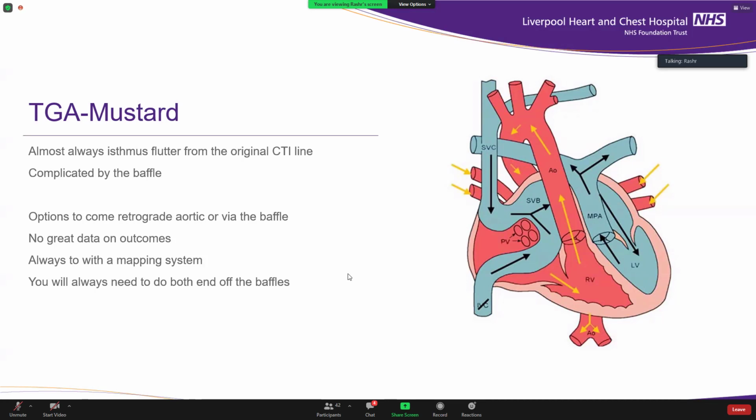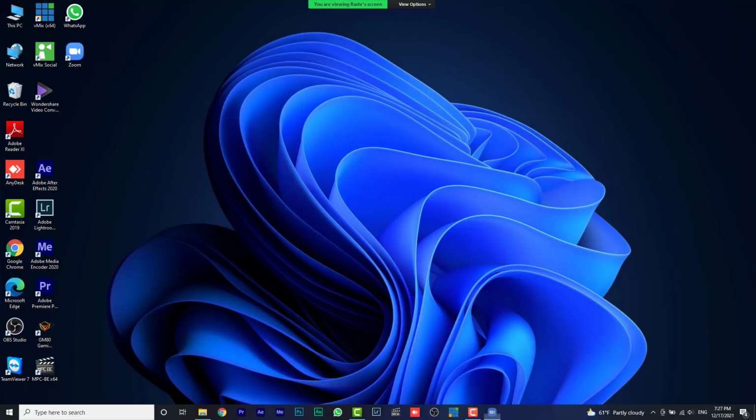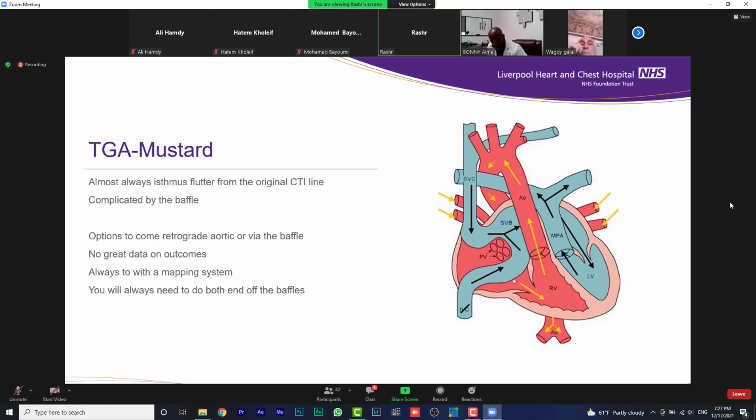So you do need to just do a standard CTI line, and your options are to come retrograde aortic. If you come retrograde through the aorta and then tight turn back through the tricuspid valve, you'll probably be able to ablate the portion from the tricuspid valve here to the baffle, and then you'll need to also come from the femoral vein and do the final portion.